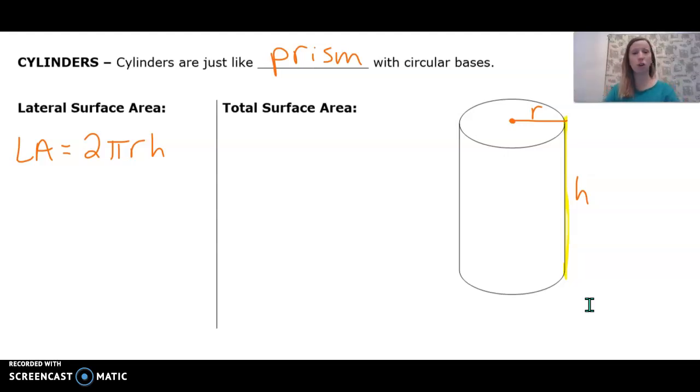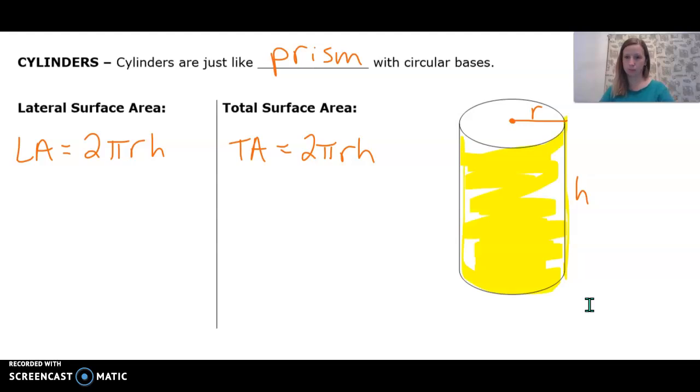So the formulas start out the same. Total surface area we'll call TA. The beginning of the formula is the same, 2 pi RH, because what that really does is it finds the area of all of this. But we want to include the top base and the bottom base.